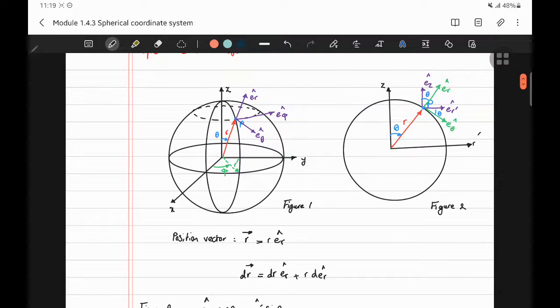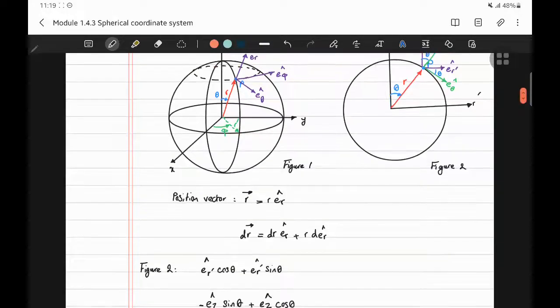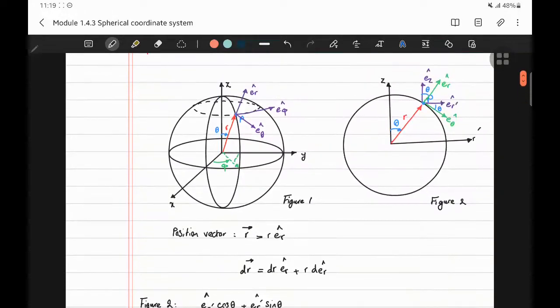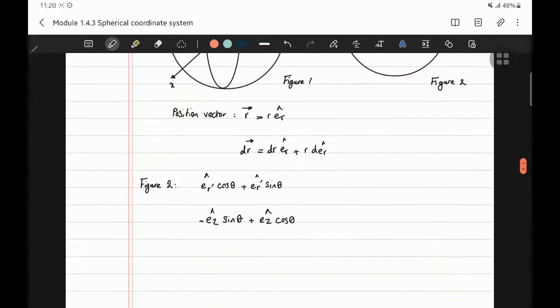If I project this by minus sine theta, it gives the component of ez in the direction of e theta, and it is in the opposite direction of e theta. That's why we put a minus here. And then I have ez cosine theta, which gives the component of ez in the direction of er.